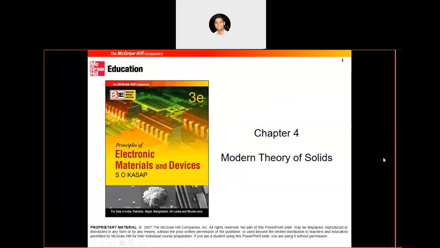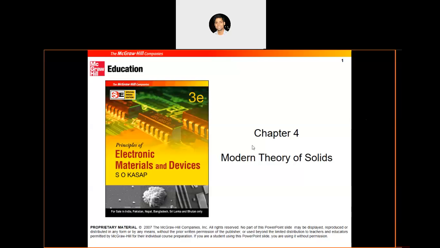Now we will look from a perspective of quantum mechanics because electrons can behave both like a particle as well as a wave, right? So now we will discuss the things which can be explained only by the dual nature of electrons, right?